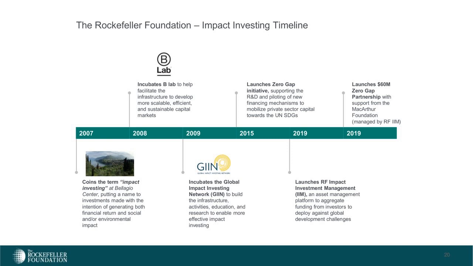I'll go into some of these points in more detail on the rest of my slides, but what that looks like today is a platform that we've developed within the foundation, which we are very confusingly on this call referring to as Impact Investment Management, IIM, not to be confused with IMM, which is all around playing a catalytic role in the marketplace, not just with our own funding, but how can we partner with groups like we've done with MacArthur on a partnership, basically to expand, accelerate, and hopefully amplify our impact dollars beyond the limited budget that we have within our own foundation. And so I'll go into that in a little bit more detail in the subsequent slides.